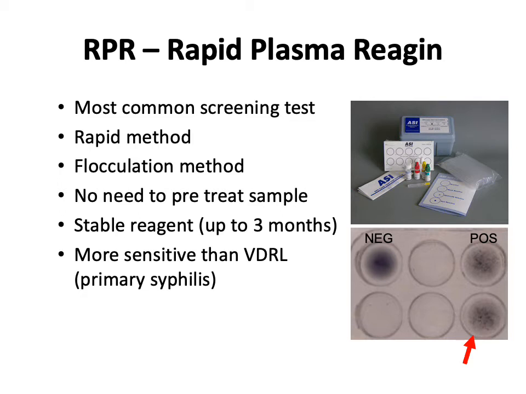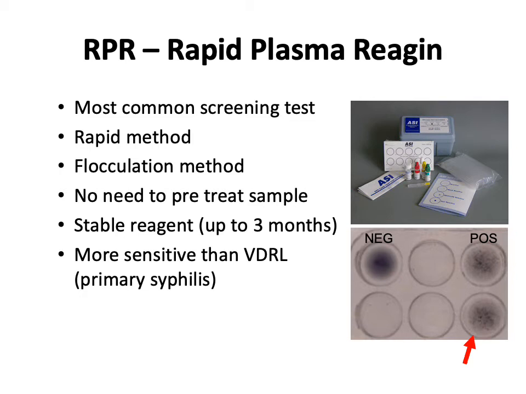It has the added advantage of non-interference by complement, so heat inactivation is not necessary. The reagent is stable for up to 3 months. It is a good, inexpensive method and can be performed on a plastic-coated disposable test card.